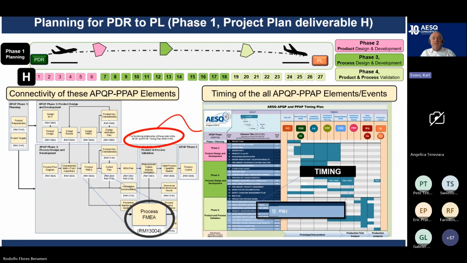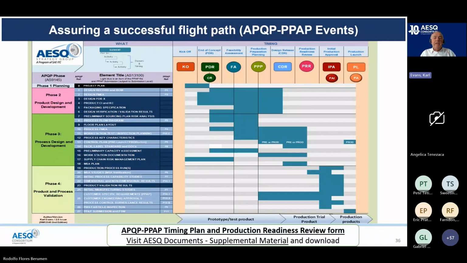So key message is, when do we plan for this stuff? We plan for it in advance of PDR, and we want a plan that then talks about real timing of how you go through this flight path. Bigger image of the APQP timing plan.